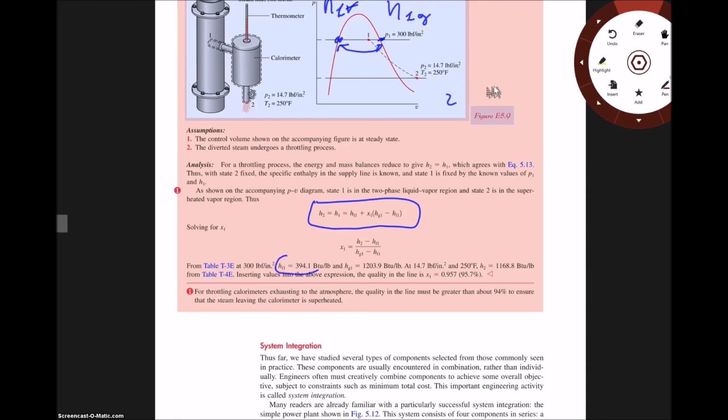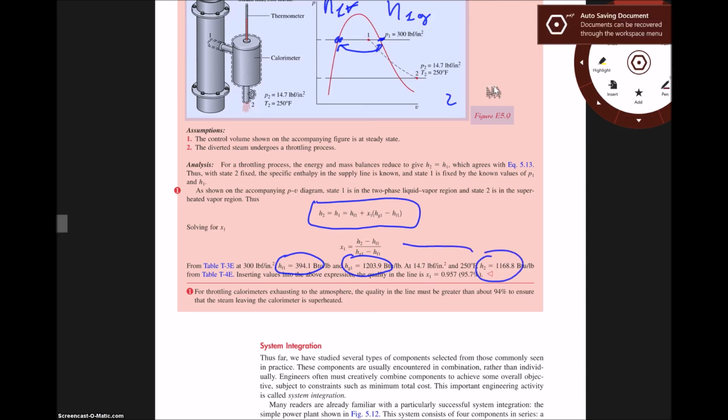So here are all those values that we just found. We plug them in this equation, and we find that our quality is 0.957.